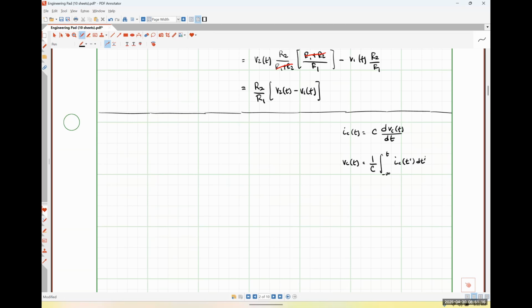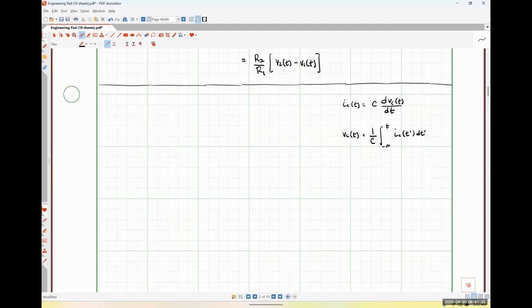And I'm choosing to deal with the integral from negative infinity to t specifically so that I don't have to bother with the initial condition on the capacitor, which will just make the math harder. Okay. So let's start with this circuit right here.